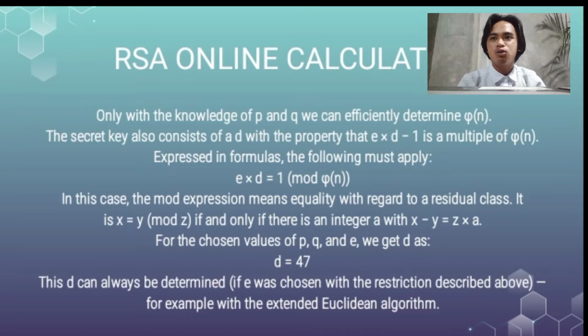It is x equals y mod z if and only if there is an integer a with x minus y equals z times a. For the chosen values of p, q, and e, we get d equals 47. This d can always be determined if e was chosen with the restriction described above, for example with the extended Euclidean algorithm.